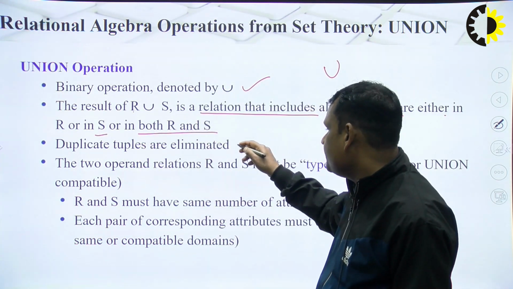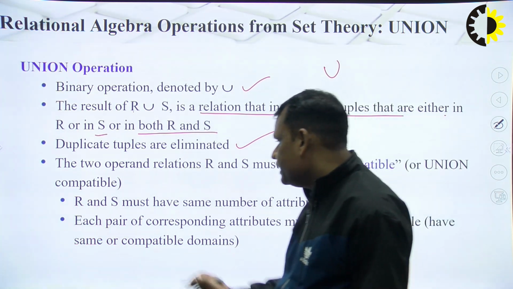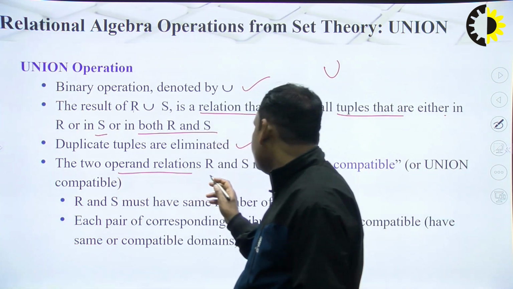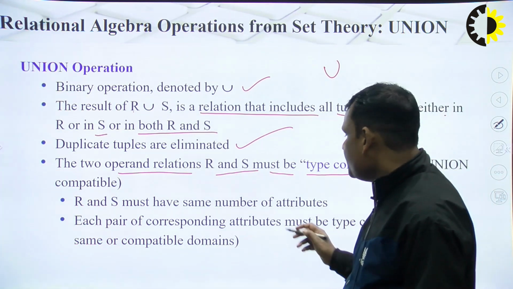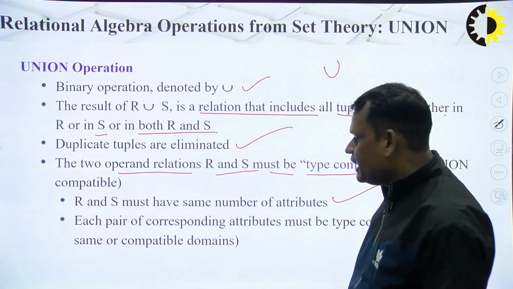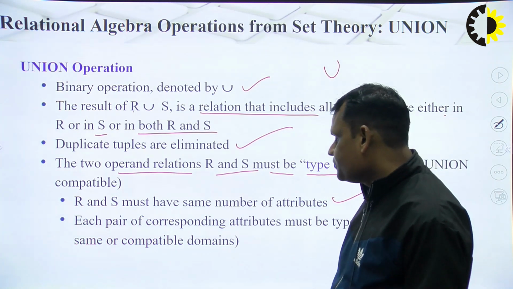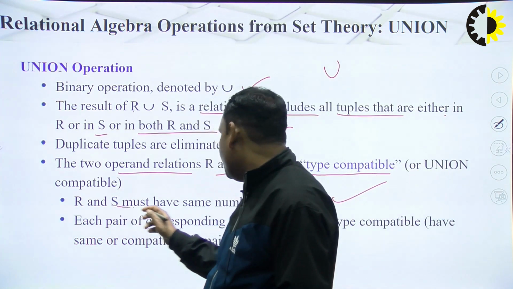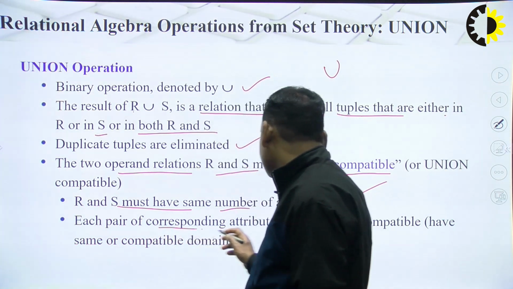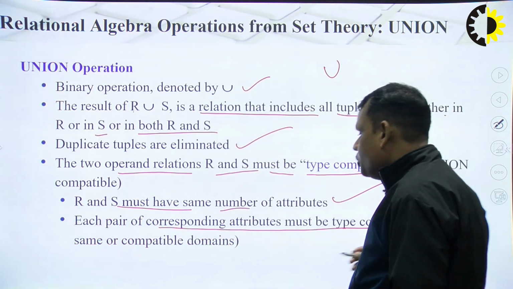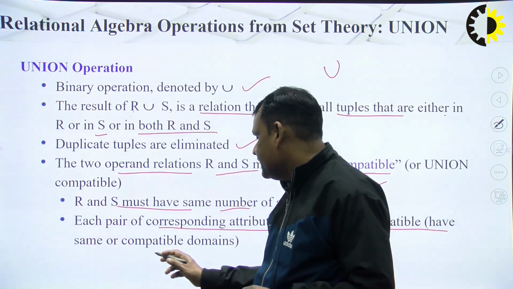Duplicate tuples are eliminated. For the two operand relations R1 and R2 to be compatible, first the number of attributes of R and S must be the same, and each corresponding data type or domain must be the same.